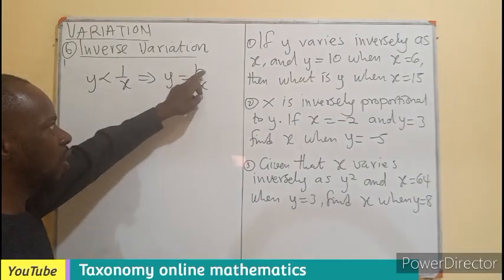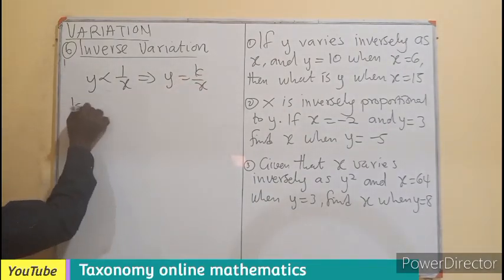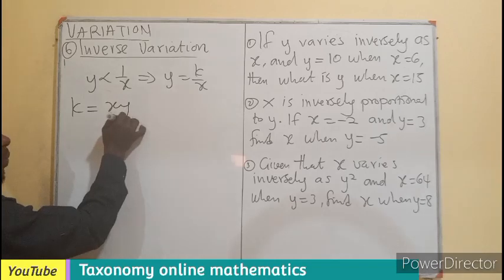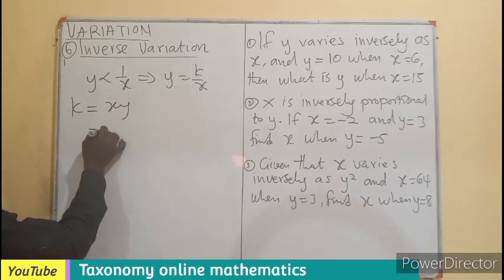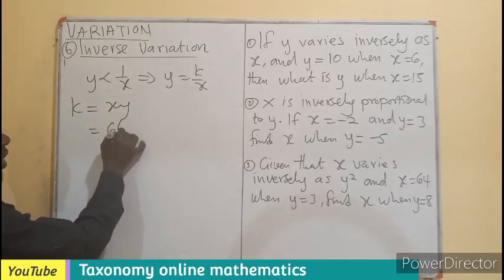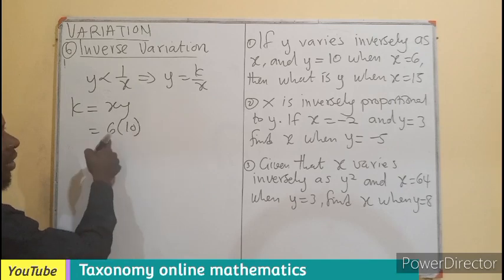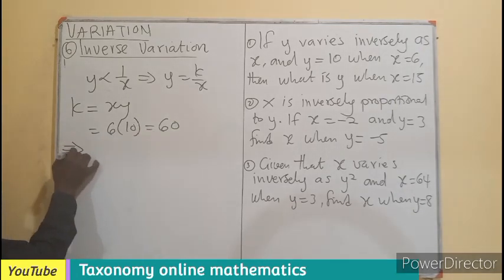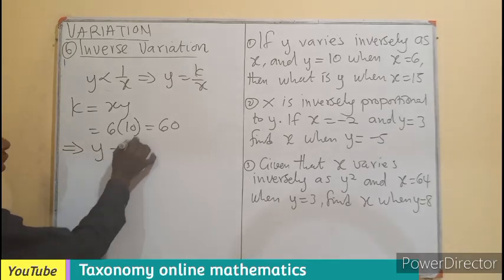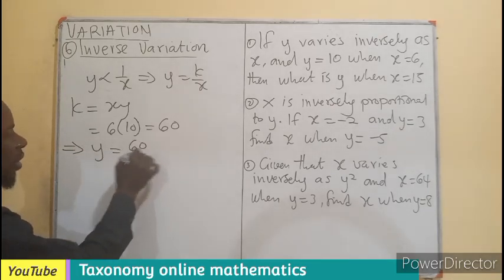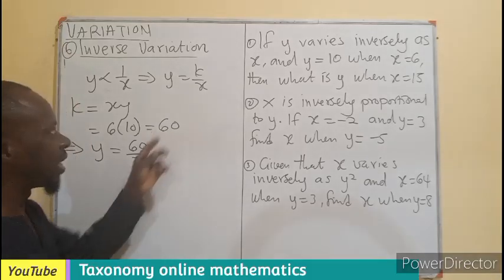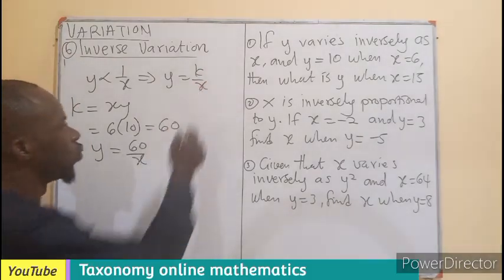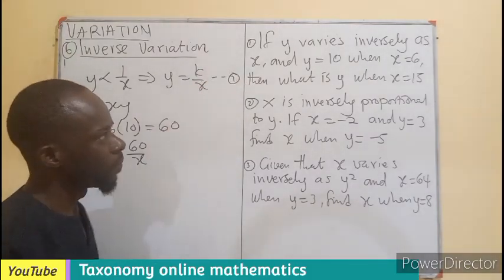From here we can also find k as xy, meaning in place of x I'll have 6, in place of y I'll have what? 10. That gives us 60. Let's do our substitution, to mean y equals 60 divided by what? x. That is, we substitute the value of k into our first equation.